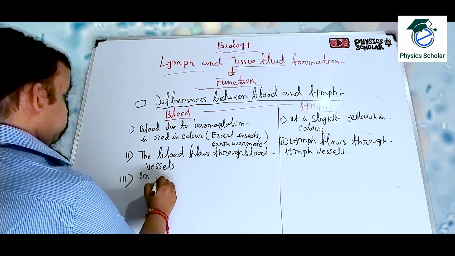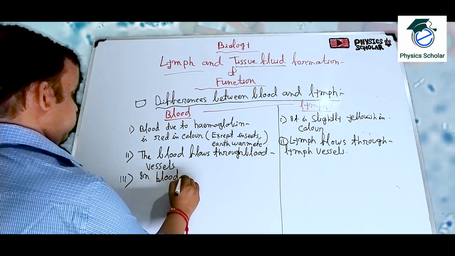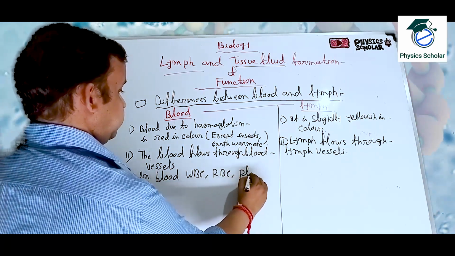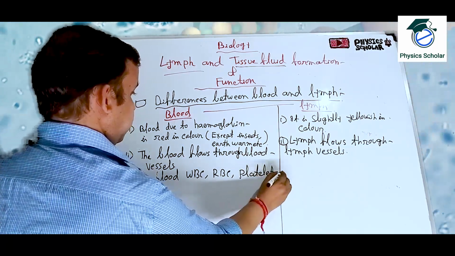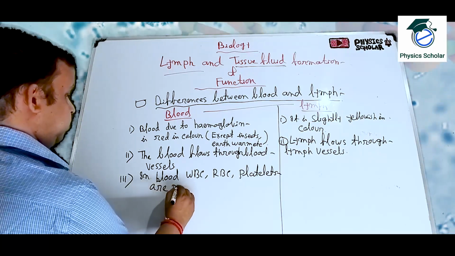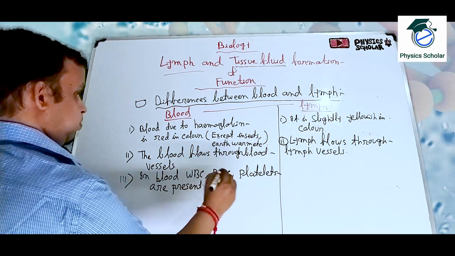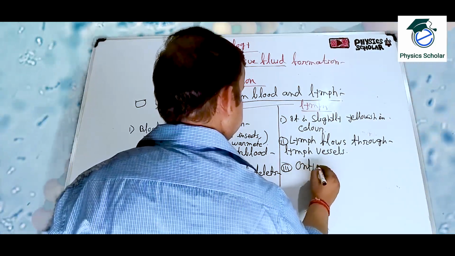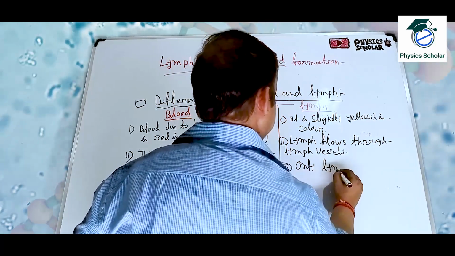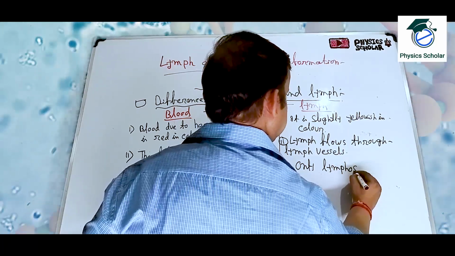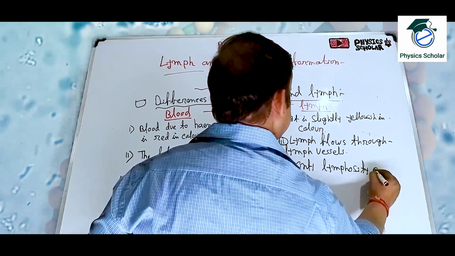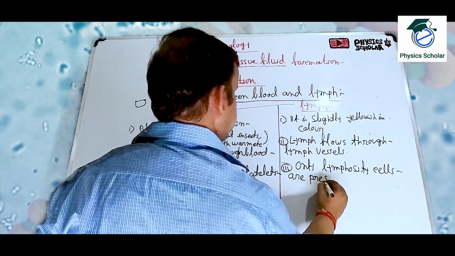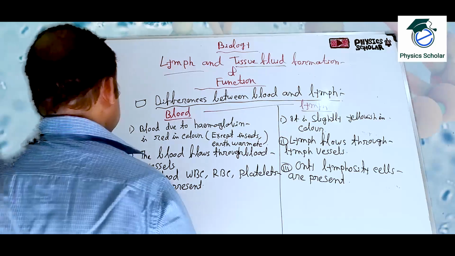In blood, WBC, RBC, platelets are present. Here in lymph only lymphocyte cells are present. Clear?